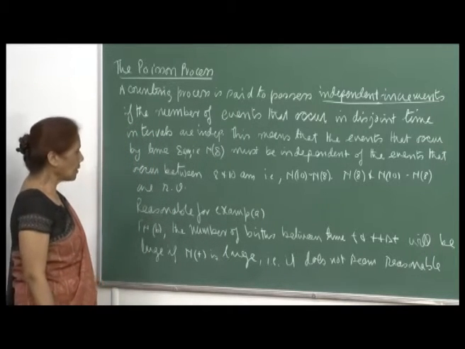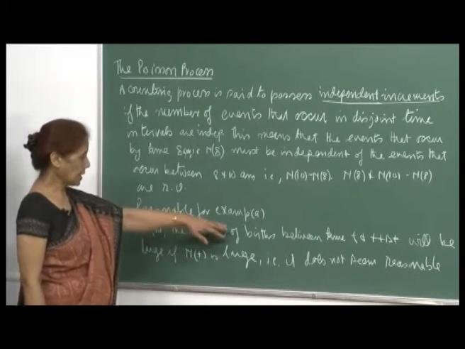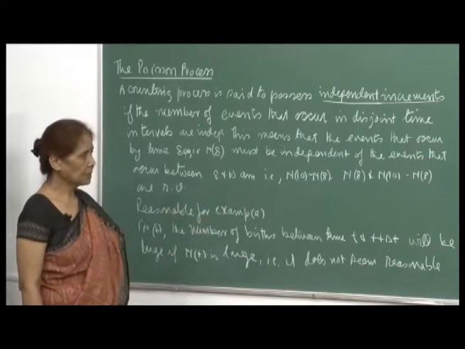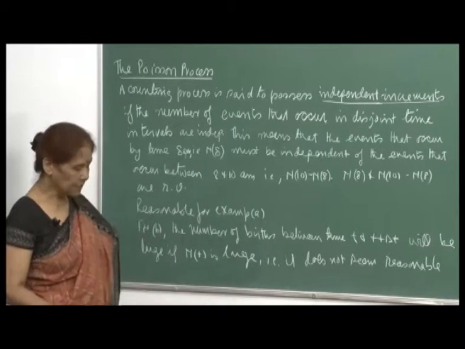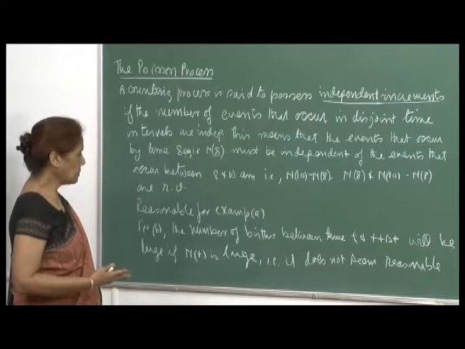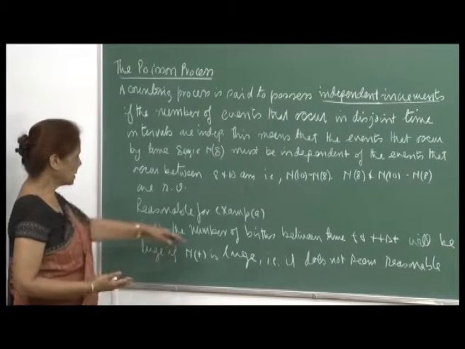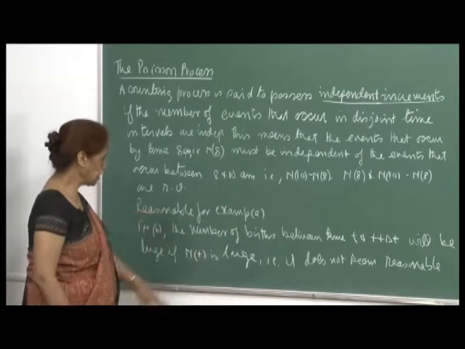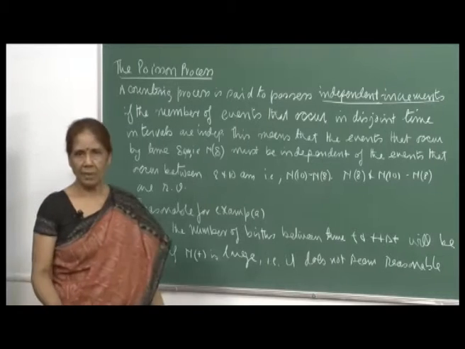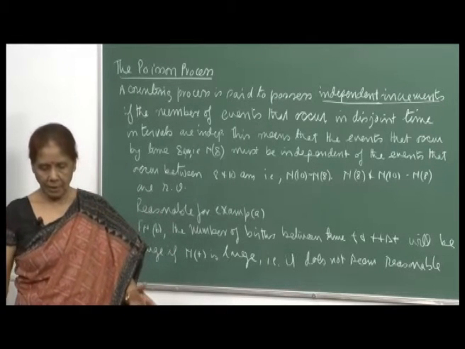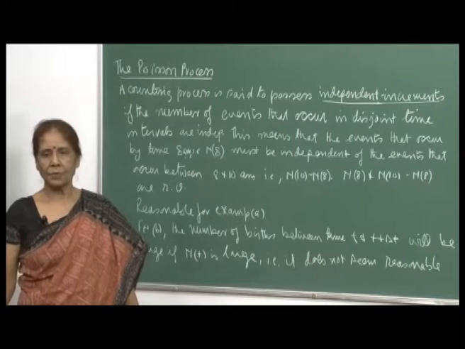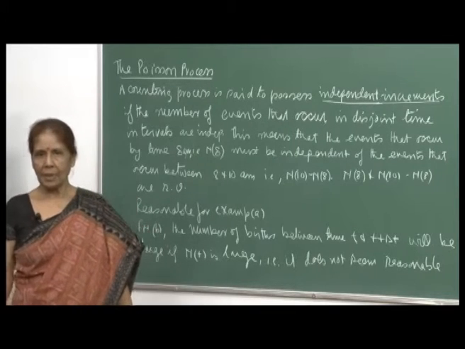Now, I gave you 3 examples of counting processes. The first one was arrivals at a post office, and for example A this may be a reasonable assumption, because we may assume that as long as the post office is open, people will come in at any time.